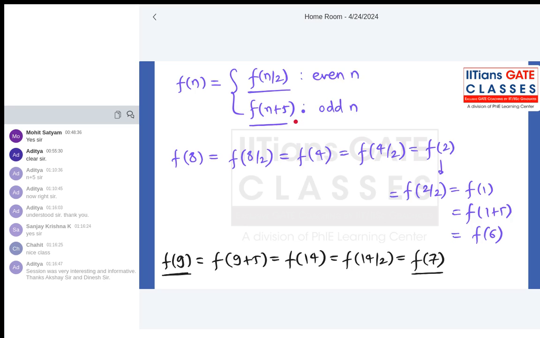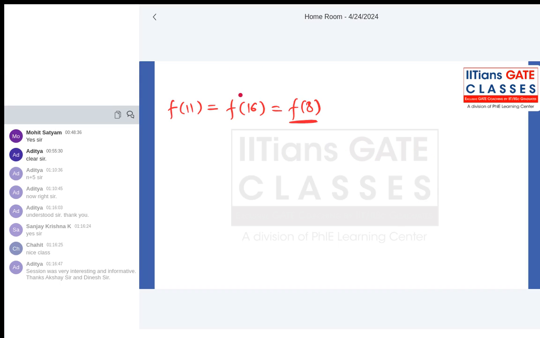For example, if I take f of 15, then 15 is an odd number, so I have to add 6 to it. So 15 plus 6, that will be 21. That is also an odd number, then I have to add 6 to it. One second. Yeah, f of 21.